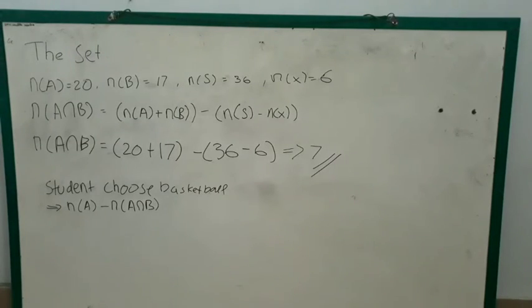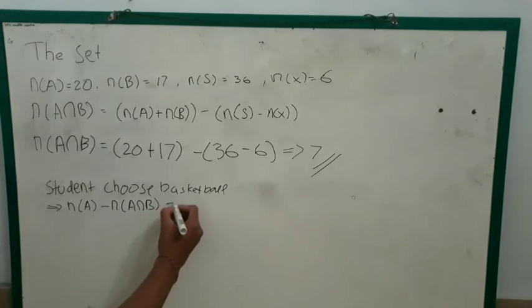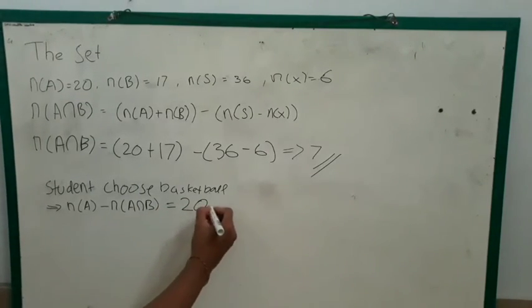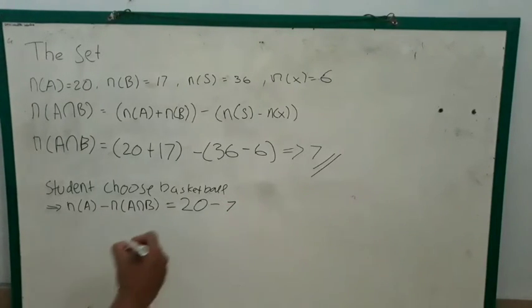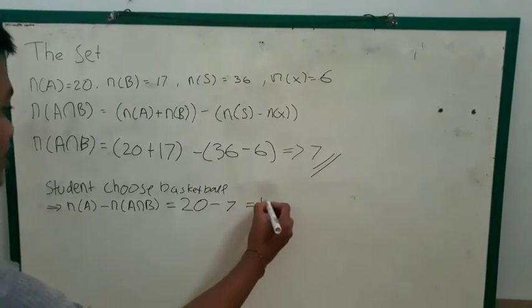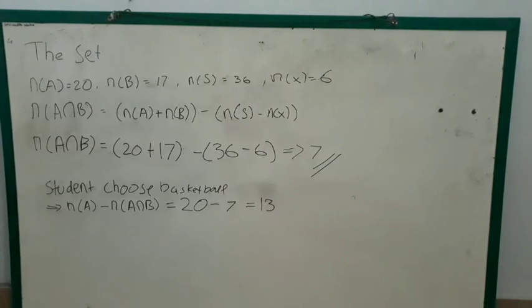And then we can get the number of students who choose only basketball. The formula is value A minus the value of the intersection of A and B: 20 minus 7, and we got the result is 13 students.